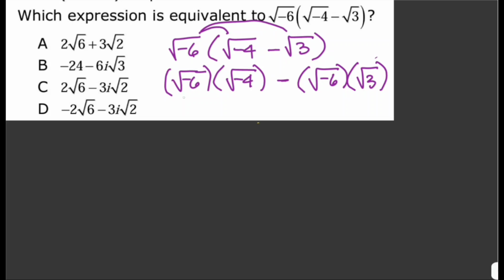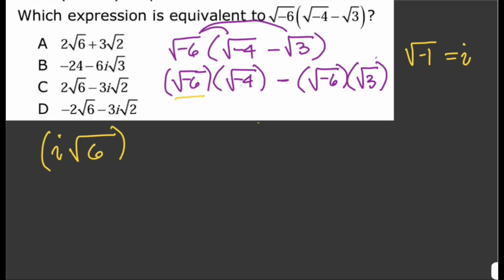All right, now to multiply radicals with negative radicands, we cannot just simply multiply negative 6 and negative 4 and say the answer would be positive 24. So let's rewrite first. So we can write square root of negative 6 as i square root of 6, because the square root of negative 1 is equal to i.